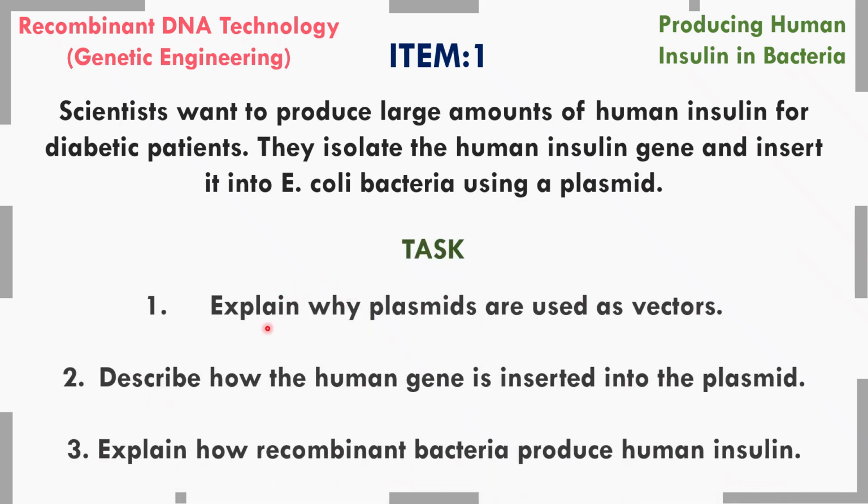Task: explain why plasmids are used as vectors. Describe how the human gene is inserted into the plasmid. Explain how recombinant bacteria produce human insulin.